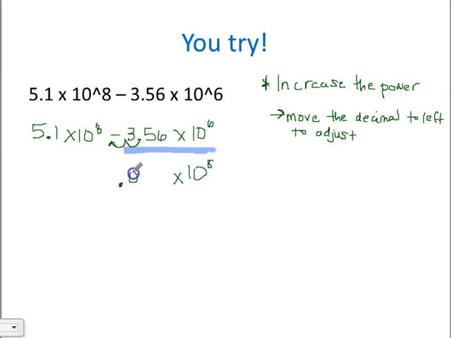So now I'm going to have 0.0356, and we're subtracting that 5.1 times 10 to the 8th. And now go ahead and keep going.